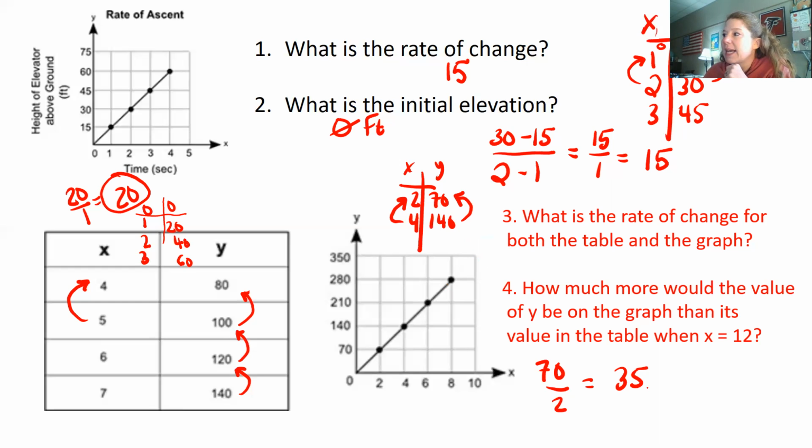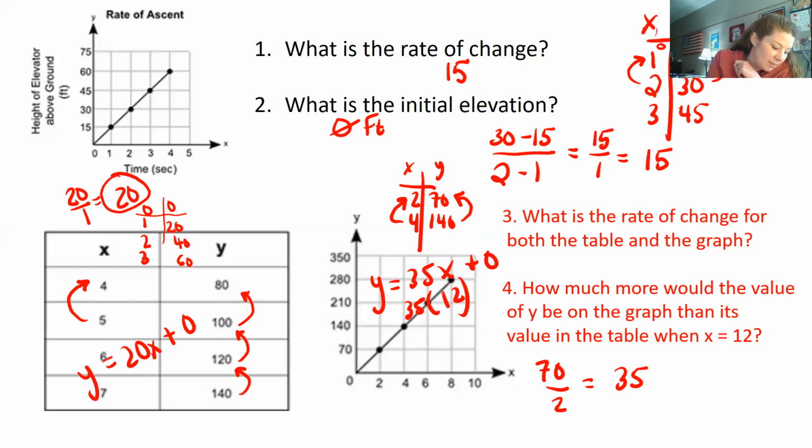And basically this equation right here is y equals 35x plus 0. And this is y equals 20x plus 0. So if we just plugged in a 12 right here, well, 35 times 12 is 420.